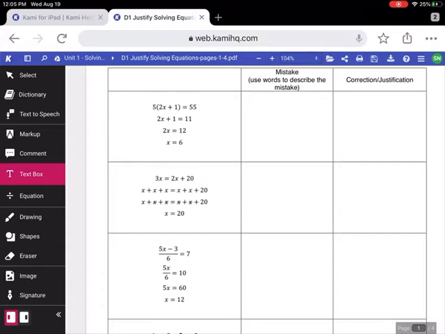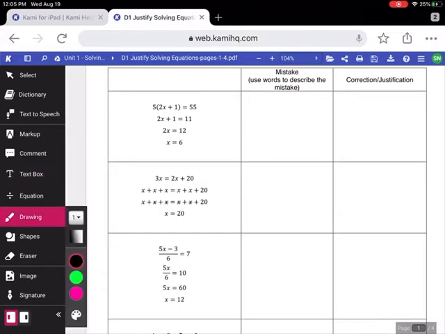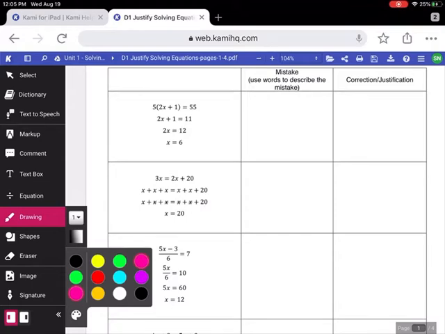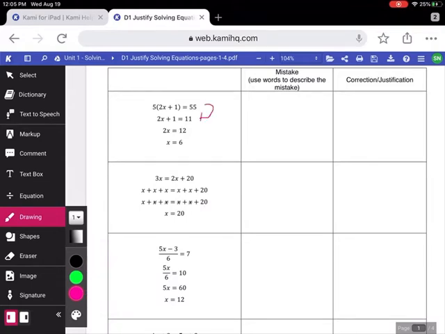While I'm going through these, my personal method is to just go through each step of what they've done. So from here to here, I'm trying to see what's different in the equations. I've noticed right away that 55 becomes 11, and on this side my 5 is gone.